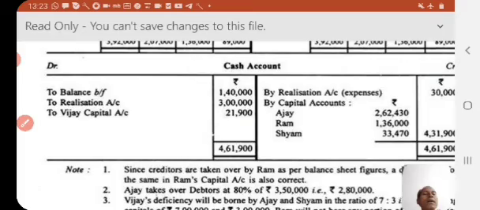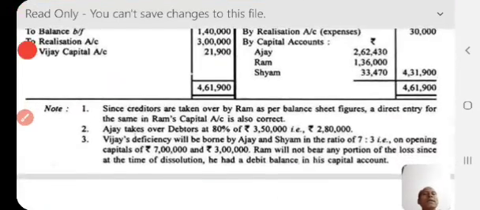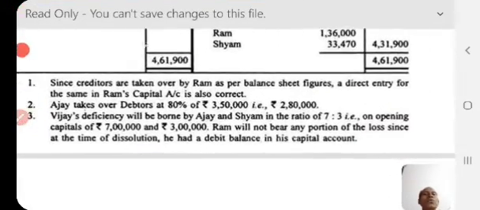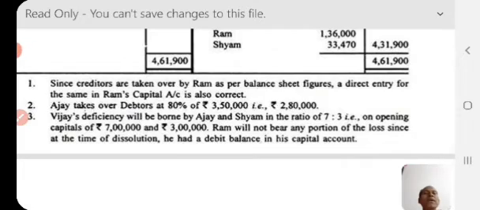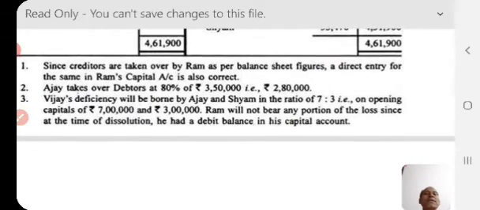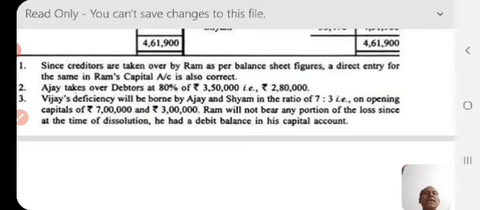Okay, now let us see the important notes. Creditors are taken by Ram as per the balance sheet figures. A direct entry for the same is made for Ram. Okay, it's over, we have already recorded a direct entry. And Ajay takes over debtors at 80% of 3,50,000, not of 3 lakhs. Book value is 3,50,000.